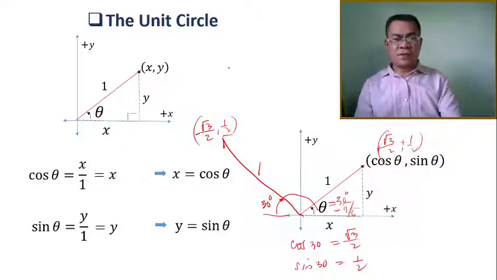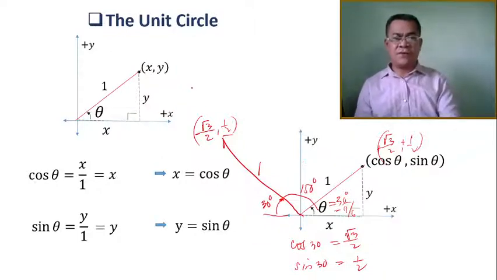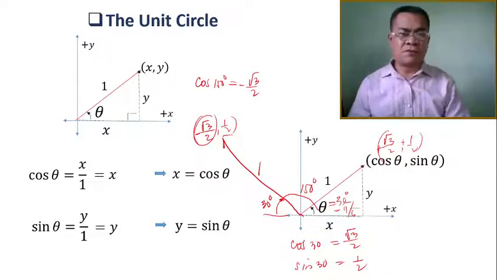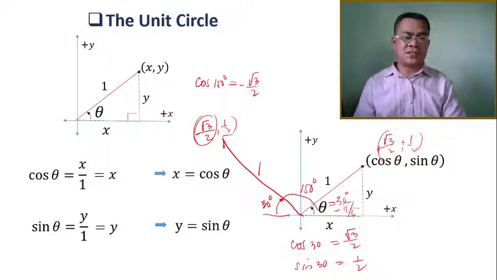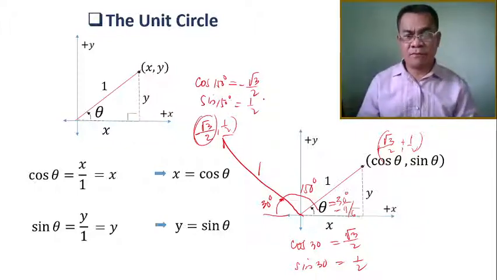By the way, if this is 30 degrees, this must be 150 degrees. So if you are asked what is cosine of 150 degrees, the answer is negative square root of 3 over 2. Now in our calculator, the result is 0.866 something. It is an approximation. This one is the exact value. Take note, negative. Now for the sine of 150 degrees, this is equivalent to 1/2.